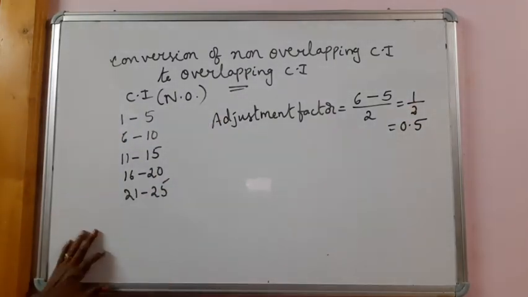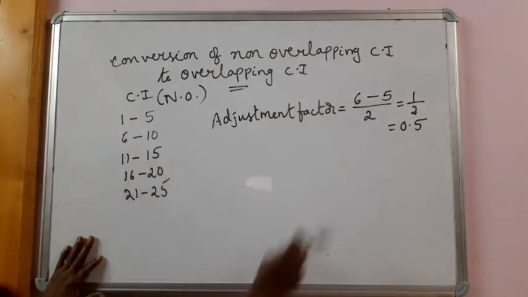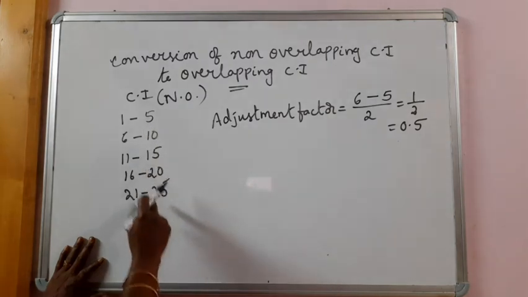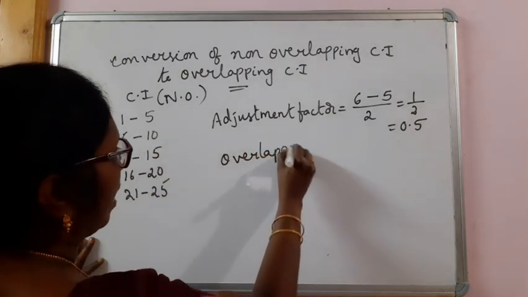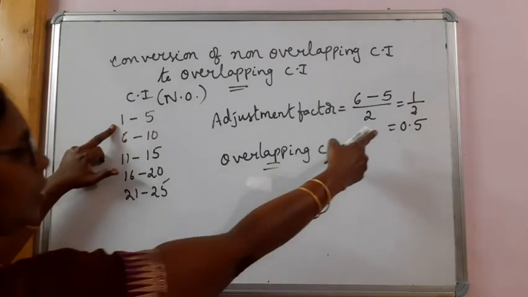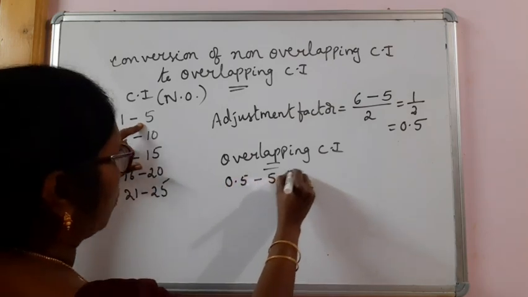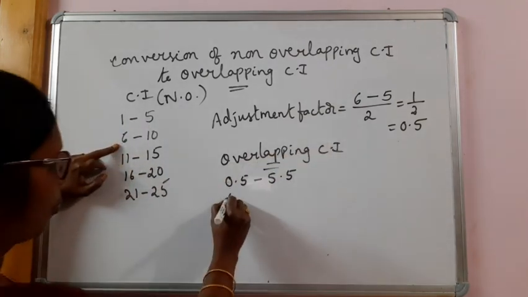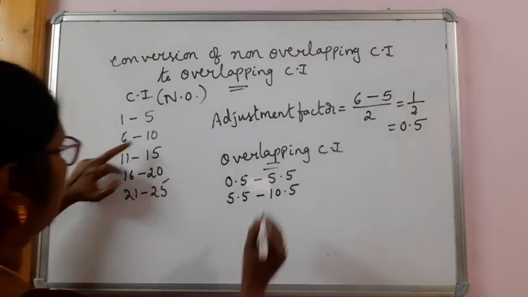And now we have to subtract 0.5 from the lower limits and add 0.5 to the upper limits to get overlapping class intervals. When we subtract 0.5 from 1, we get 0.5. Here we get 5.5. Again 6 minus 0.5 is 5.5. 10 plus 0.5 is 10.5.